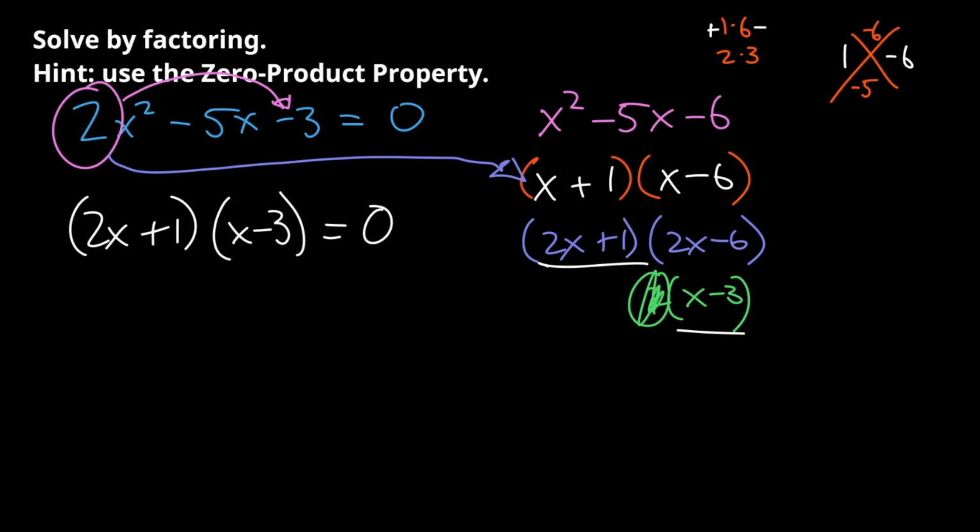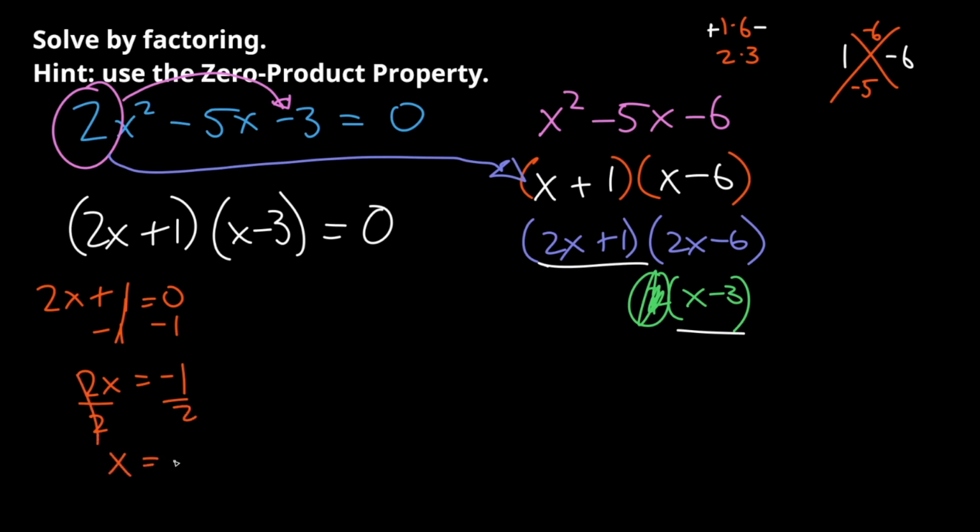Now we can go about solving this. Using the zero product property, we have 2x plus 1 equals 0. Subtract 1. We have 2x equals -1. Undo this operation by dividing by 2.